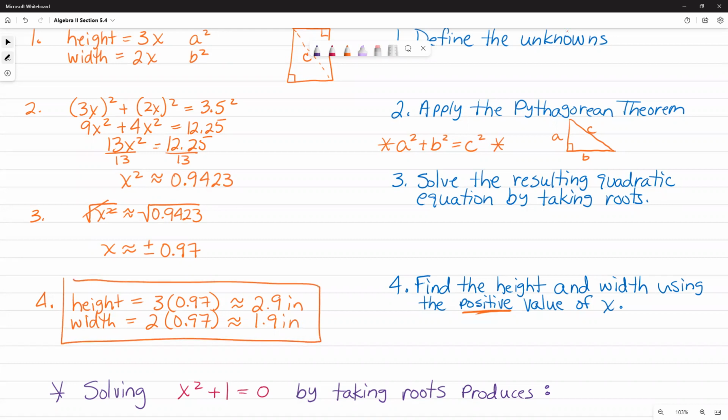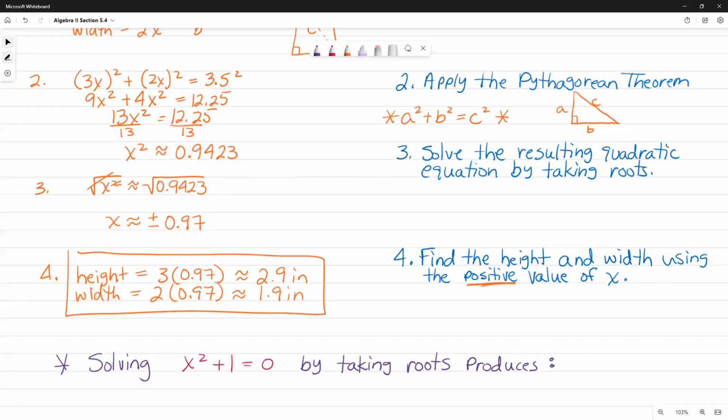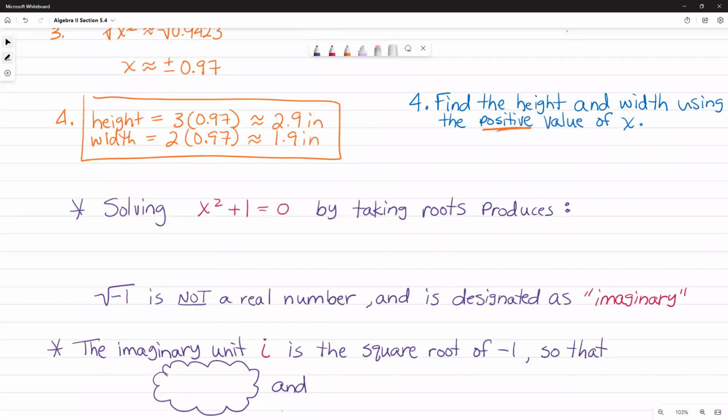Okay. So now we're getting into the definition of an imaginary number. Whenever we solved previous examples, we've always had some sort of x squared equals a positive number. However, if you have x squared plus 1 equals 0, you need to create the quadratic equation with your squared value isolated on one side, so x squared equals.